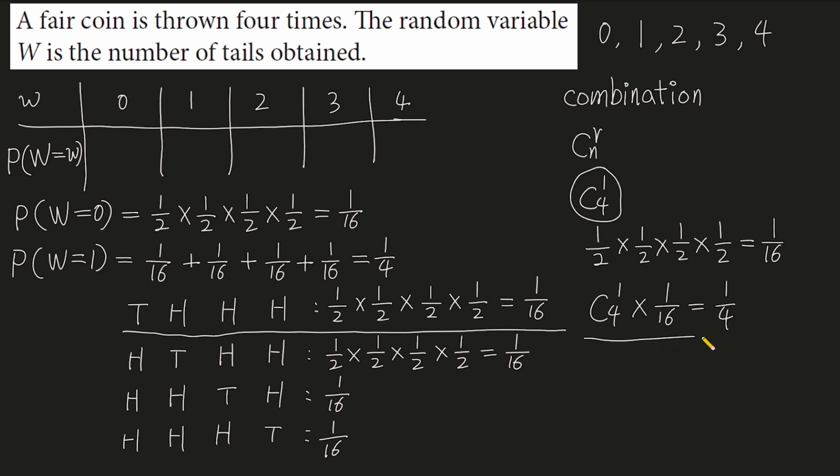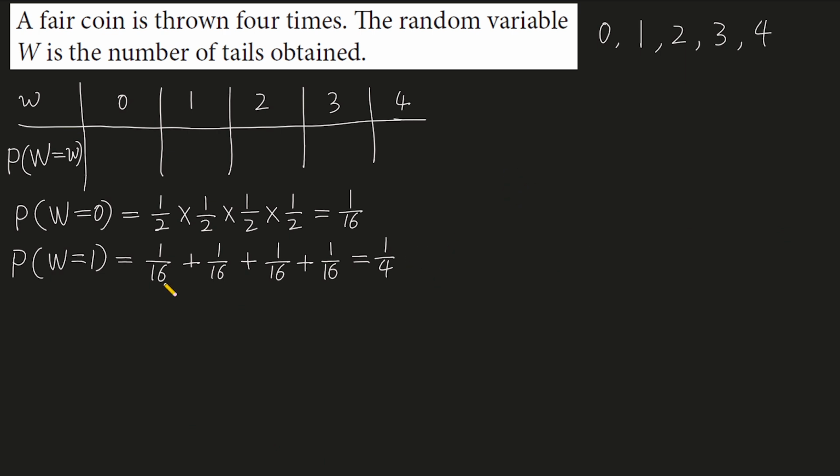So this is another way to calculate the probability that the random variable equals 1. So this is also 1 over 4. You see, they are the same. Now we calculate the probability that the random variable equals 2.